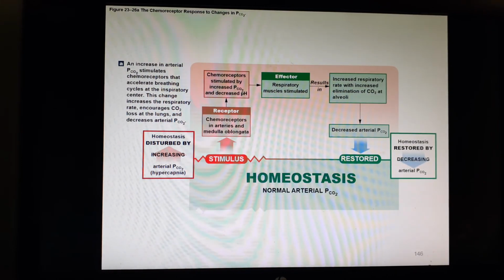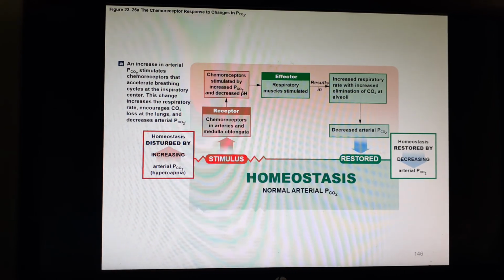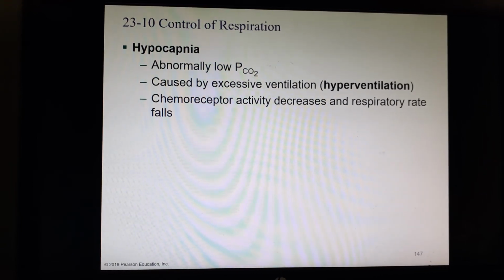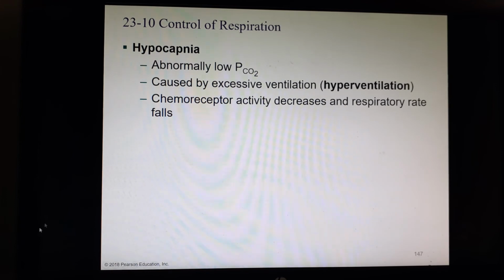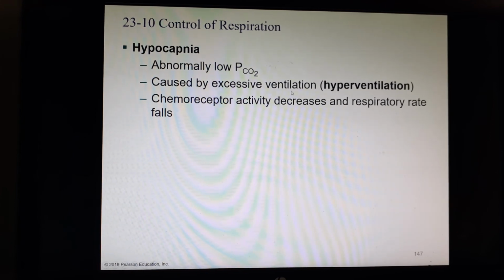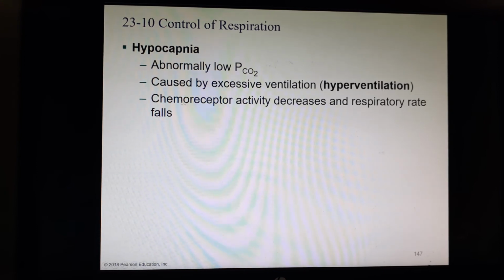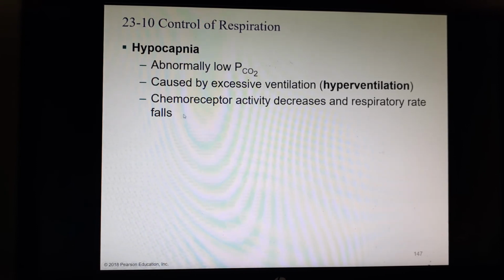Okay. So if someone, and we'll get to that. Hypocapnia is too little CO2 in your blood, and it's caused by breathing too quickly and too shallowly, and so you have hyperventilation. So these chemoreceptors shut down and your respiratory rate falls.